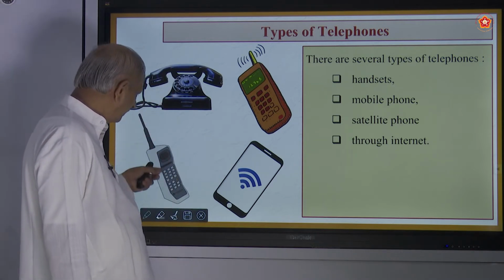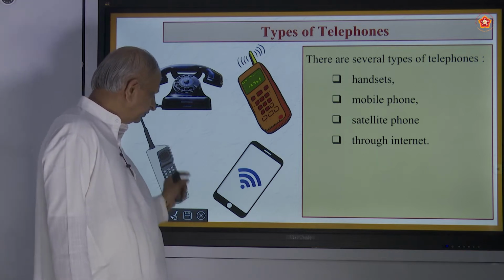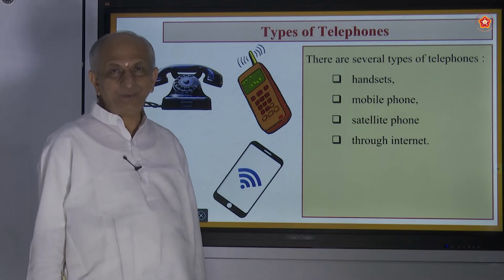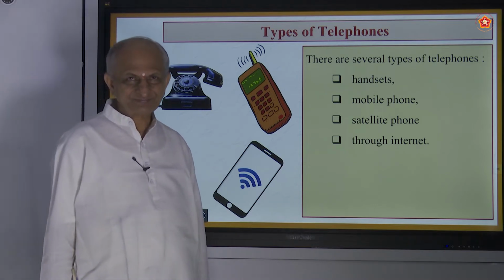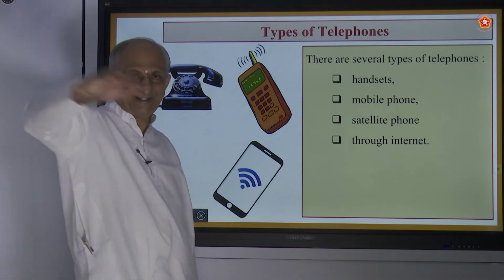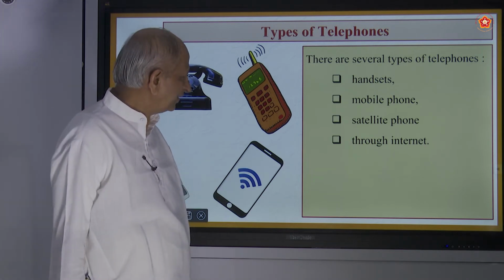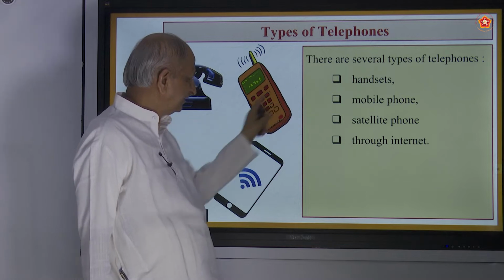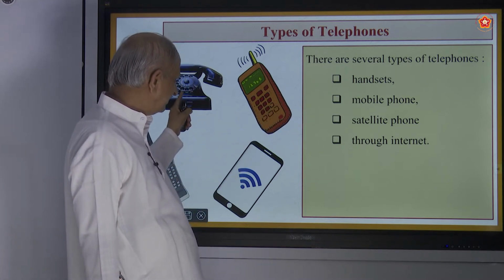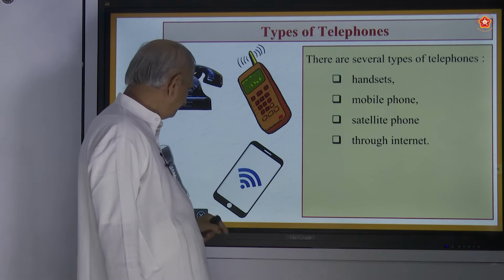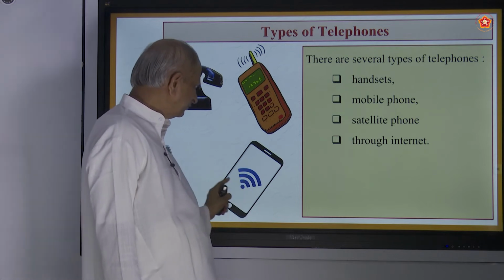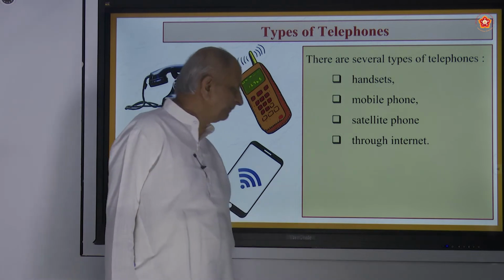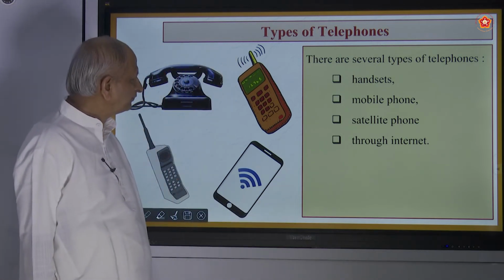Here there is no cable. Sometimes we call it a walkie-talkie also. You might have seen how the police use it. Of course, the distance is limited. You cannot go for long distances. So there are several types of phones: the handset, the mobile phone, the satellite phone and the internet phone. All these are different types of phones.